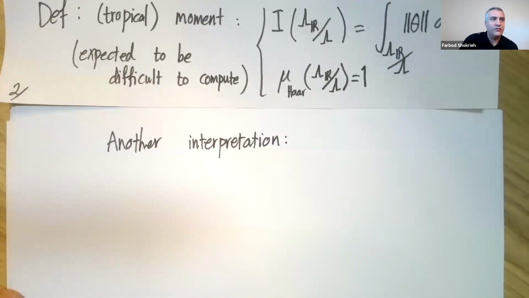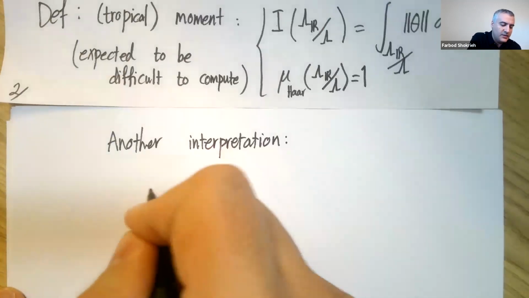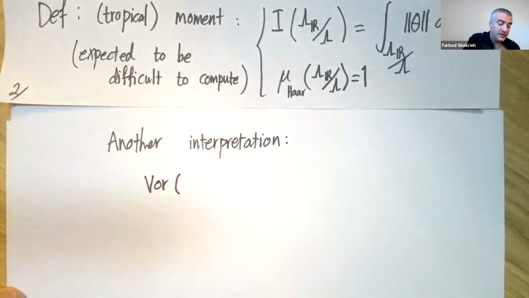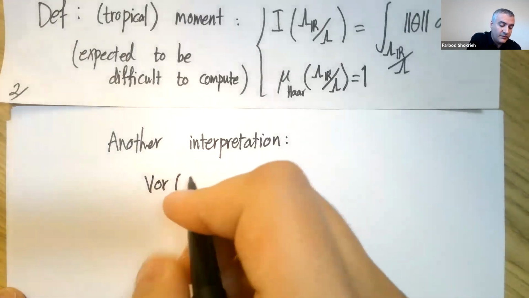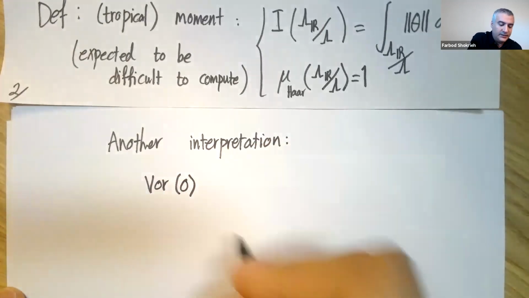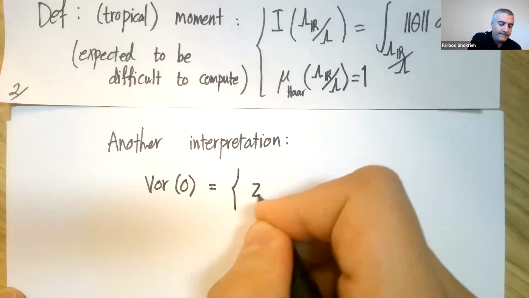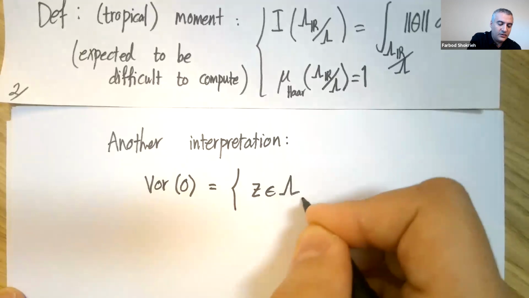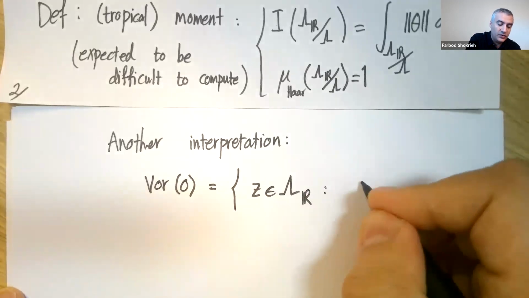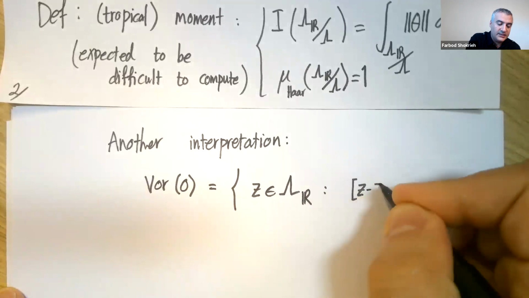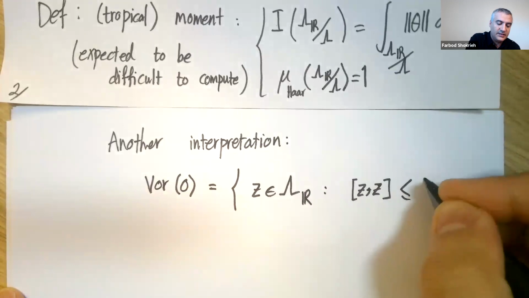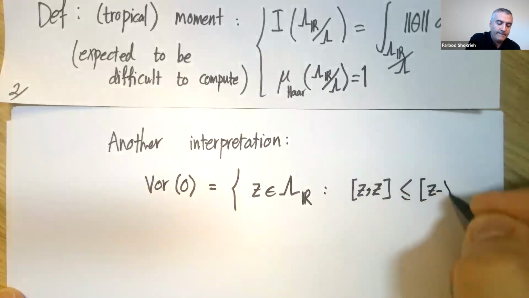There is this notion of Voronoi decomposition, which comes up in compactification of moduli spaces of abelian varieties. Let's define Vor0 to be the set of all points that are closest to the origin. So the distance to the origin is less than or equal to the distance to any other point.